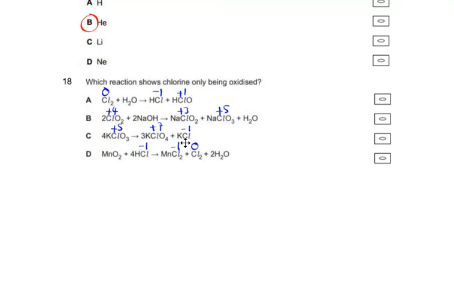The maximum oxidation number that chlorine can have is +7, and that's when all 7 of chlorine's outer shell electrons are involved in bonding. In D, the chloride ion is either unchanged or the oxidation number becomes more positive, so the chloride is oxidized to chlorine element, which has an oxidation number of 0.